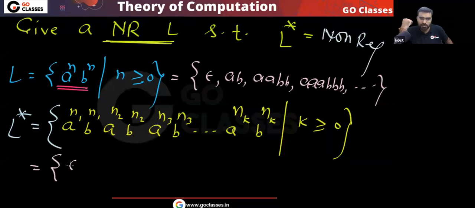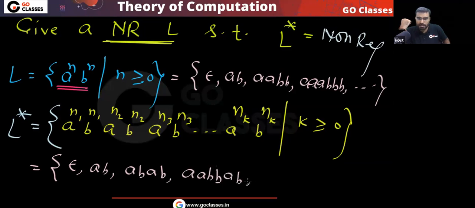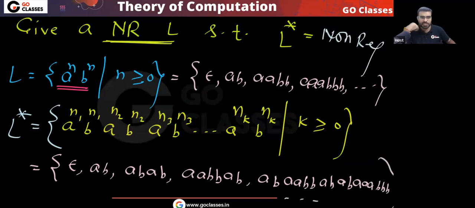In L star, you will have this type of strings: AB, AB, AB, AA, BB, AB, AB, AB, AAA, BBB. So like this, these type of strings you will have. Is this clear? If your language L is this, then in your L star, you will have any combination of these.